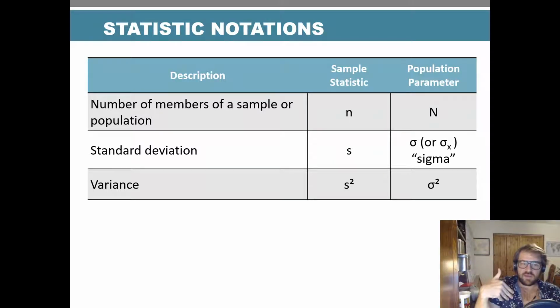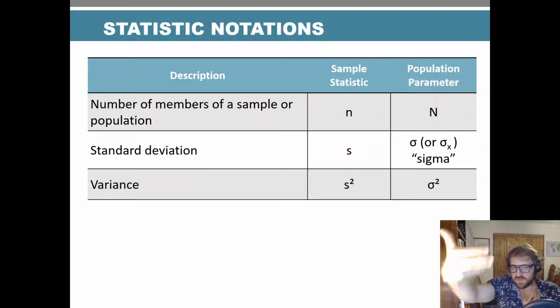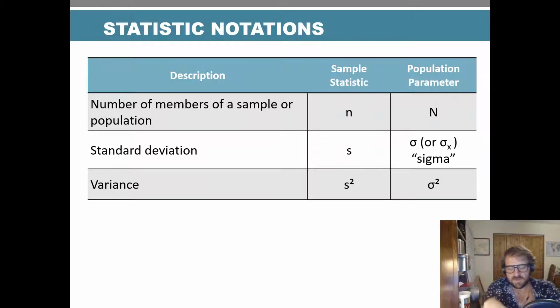Lowercase sigma implies that it is the standard deviation of a population. You'll see it as sigma. Sometimes you'll see it as sigma sub x. And then variance, again, just like s and s squared, you'll see a population variance as sigma squared. So these are other types of notations to know.